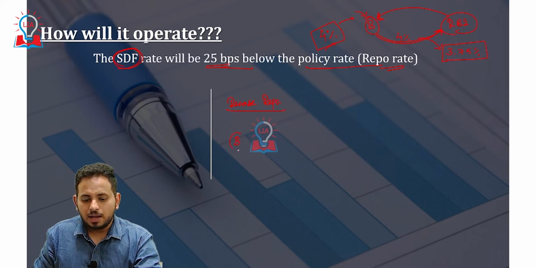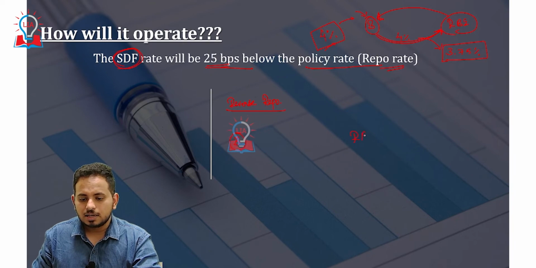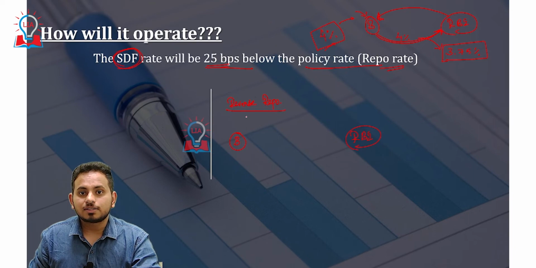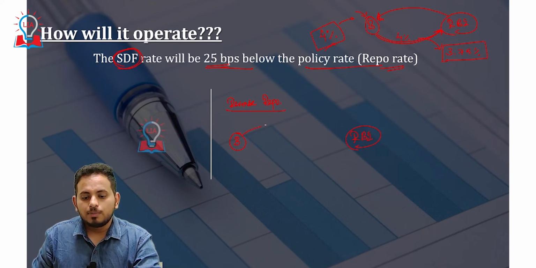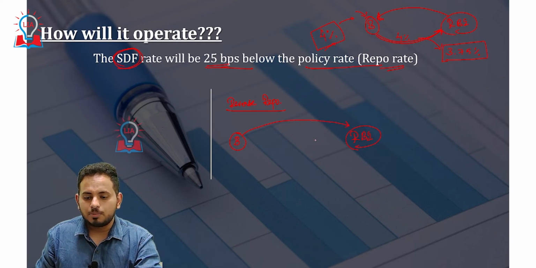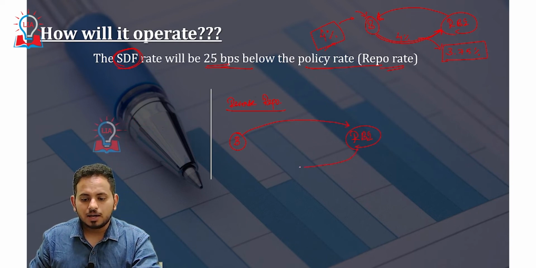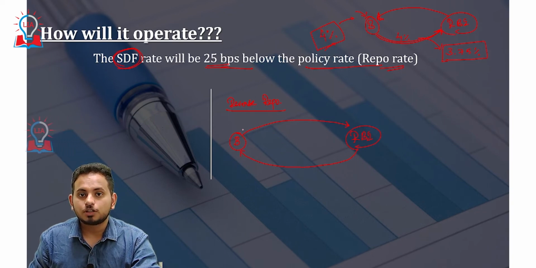Imagine this is the bank and this is the RBI. In case of reverse repo, the excess liquidity that banks have will be placed with the RBI, for which the RBI will pay interest to banks. I hope you are getting it. This is just the opposite of the repo rate.